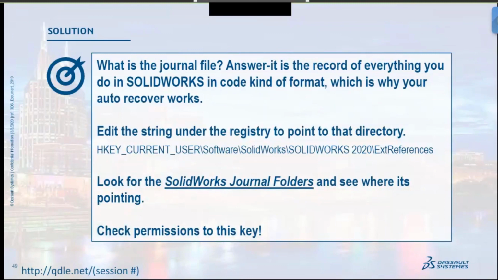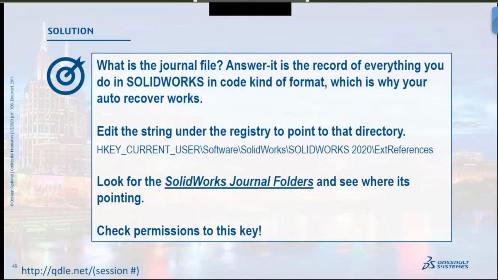There is a registry key under the current user, under external references, where we can go in and actually repoint that to a valid directory. The other one is when you have multiple sessions.